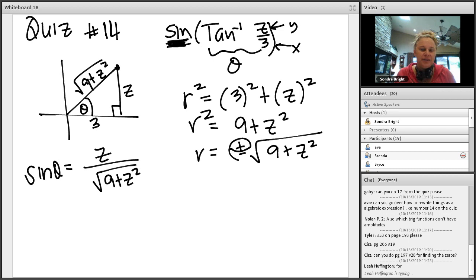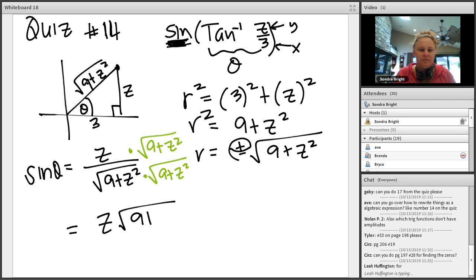And so sine of theta will be y over r, or z over the square root of 9 plus z squared. And then you want to rationalize that by multiplying top and bottom by the square root of 9 plus z squared, so that we get rid of the radical. And so your answer will end up being z times the square root of 9 plus z squared all over 9 plus z squared.